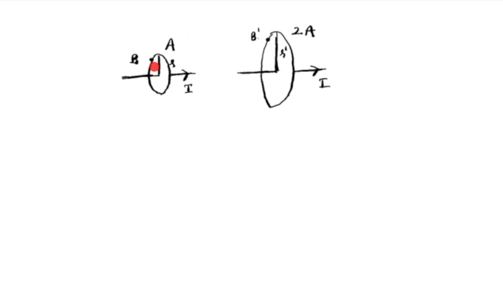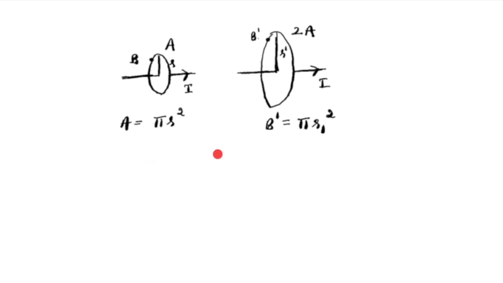So let's go through it. The area of this will be pi r square, and the area of this loop will be double of this area, right? So pi r dash squared equals double of pi r1 squared.